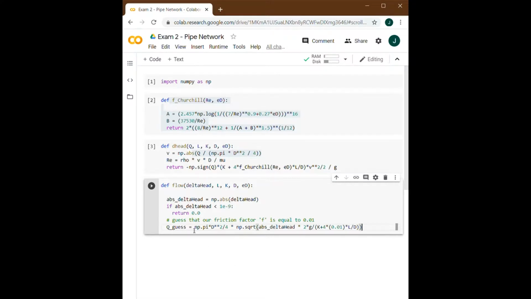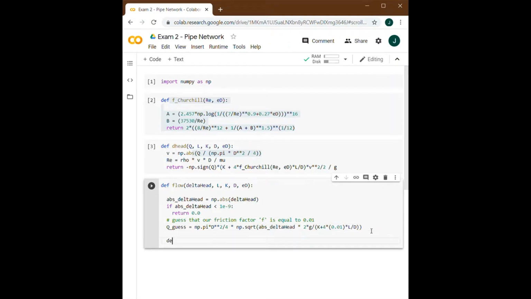What we have here is just a function that essentially takes our delta head, and we guess our friction factor and we run it. Now, this is going to be our flow for our guessed friction factor. Problem is, that's probably not completely correct.